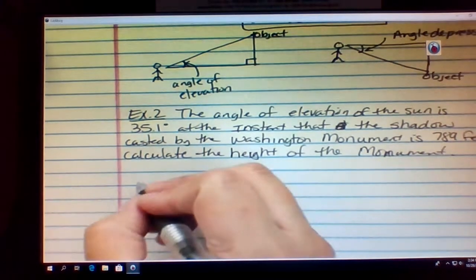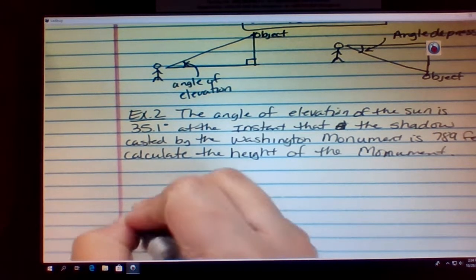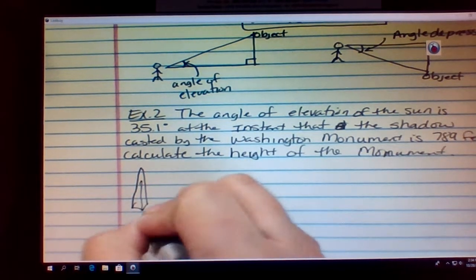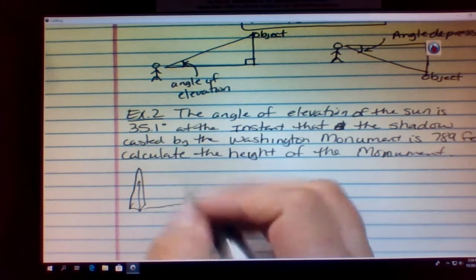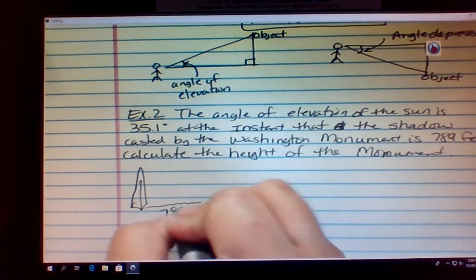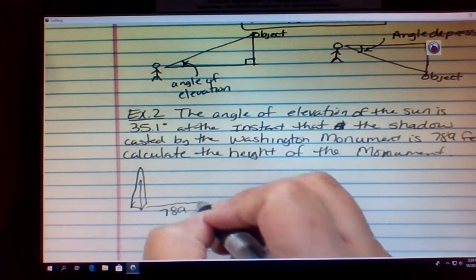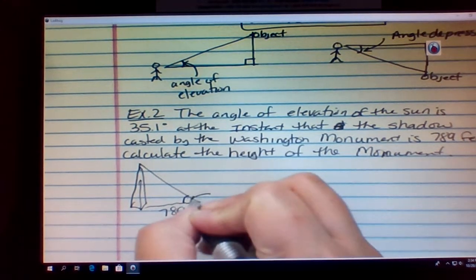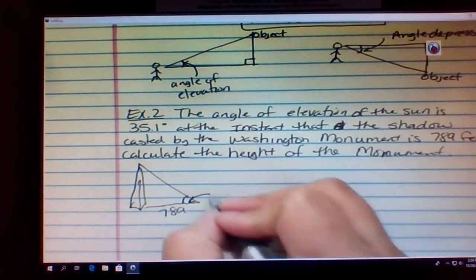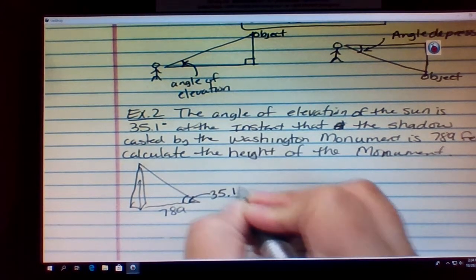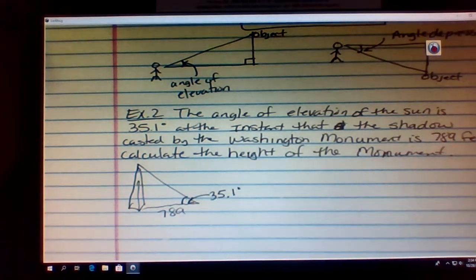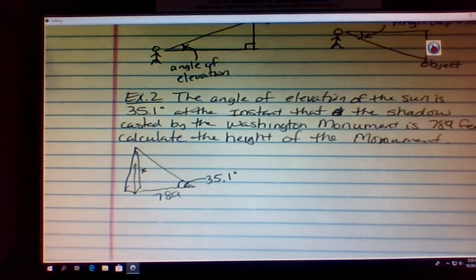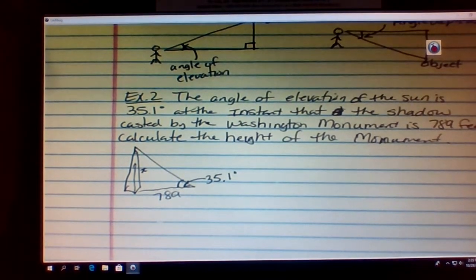So you have the monument here. It casts a shadow of what? 789. Because they use angle of elevation, this is your angle of elevation. And that right there is 35.1. And you're looking for x, which is the height of the monument. So I have to use which function? Tangent.